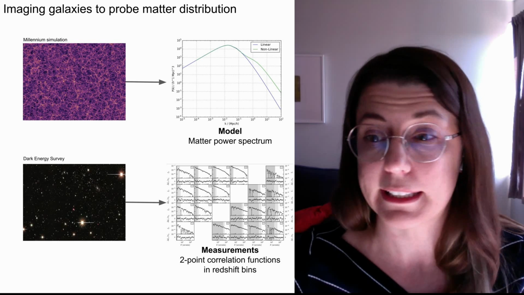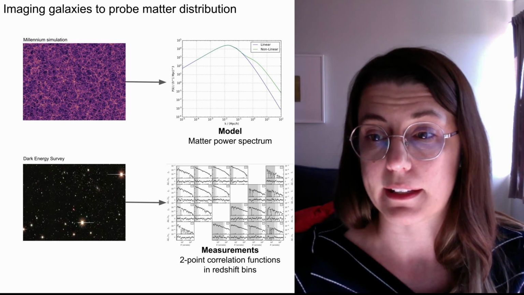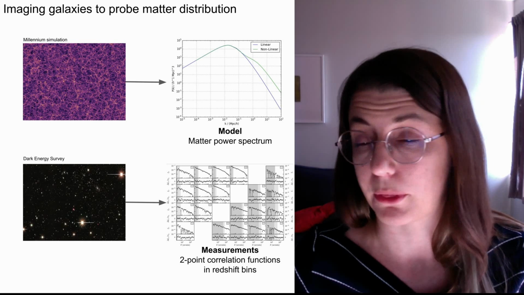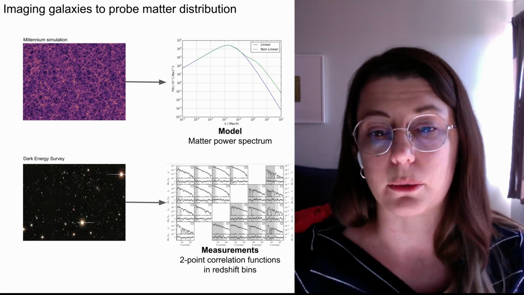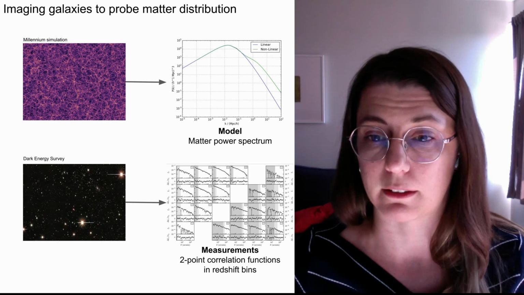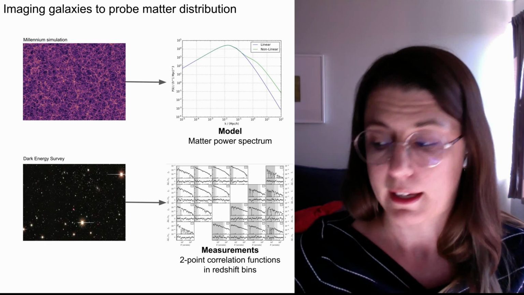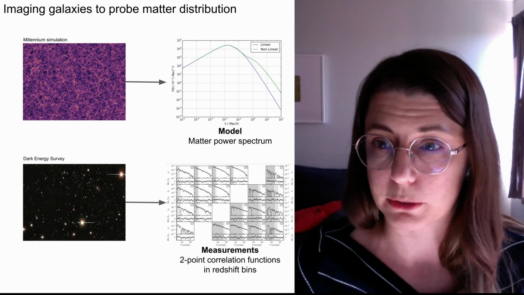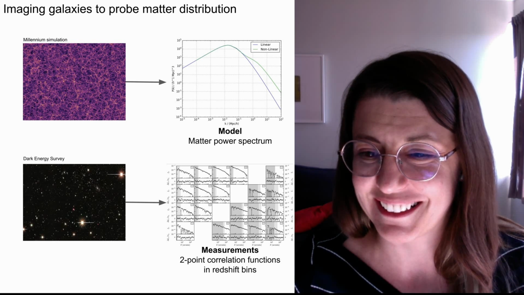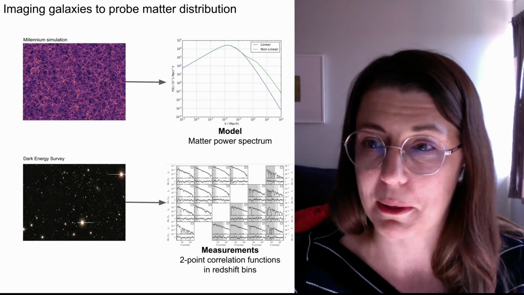And so DES and other galaxy surveys work by leveraging the imaging of galaxies, both their positions and distortions of their shapes due to weak gravitational lensing, to give us precise measurements of how big matter fluctuations in the universe are. And I guess Agnes will speak to the survey specifically and why we picked the models we look at.